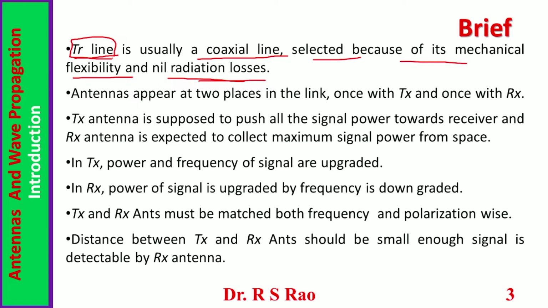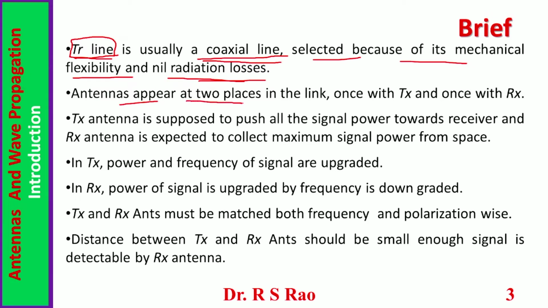It is also the line that connects the receiving antenna's output to the receiver circuit. Usually, coaxial lines are used. Waveguides also can be used, but they are stiff and also their size becomes large at lower frequencies. Coaxial line is the appropriate one, and hence, usually it is the coaxial line that is used.